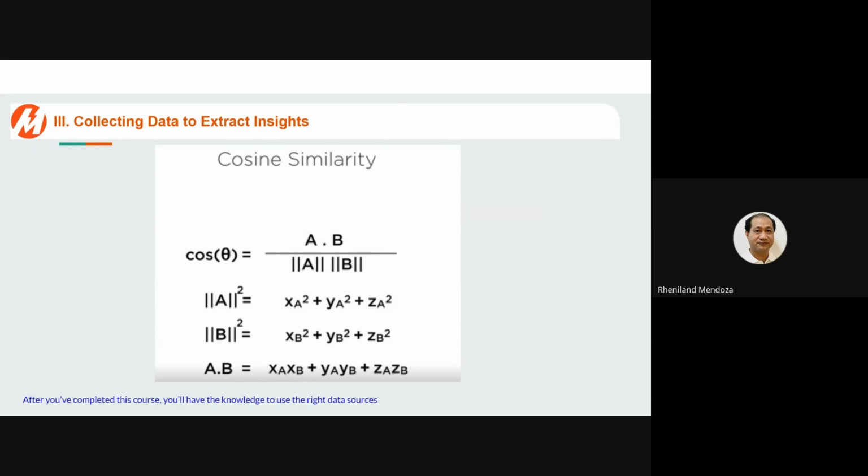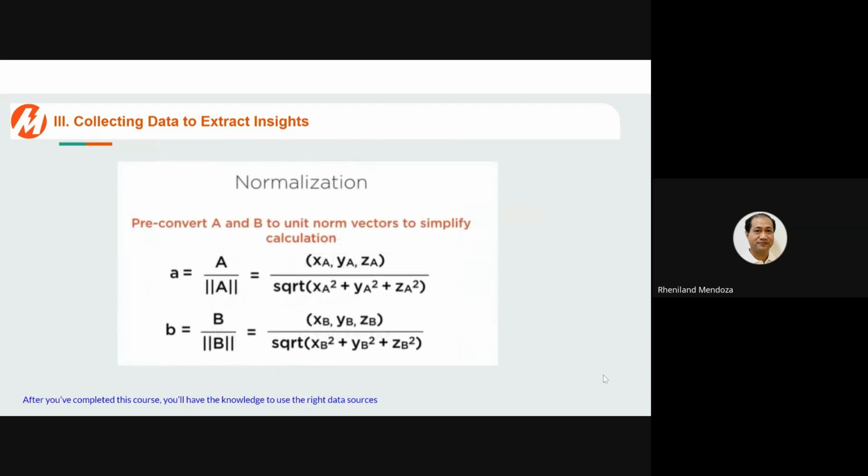And if you look at this mathematical formula, you know that calculating the cosine similarity would be reduced to the simple dot product of a and b if the magnitude of each vector were equal to 1. And this is exactly what normalization does. We pre-convert the vectors a and b to unit norm vectors to simplify cosine similarity calculations.